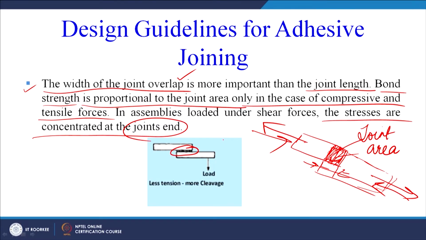So we have to see, when we are designing a product, what type of forces are going to act on the product, and how the design of the joint is going to resist those forces without failure. What must be the appropriate joint area which will be able to resist the tensile and the compressive forces?